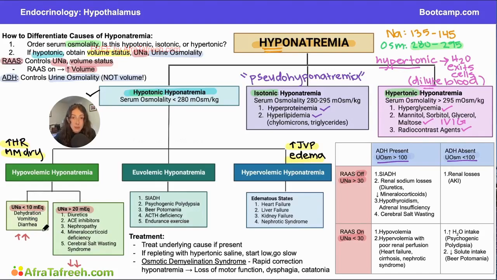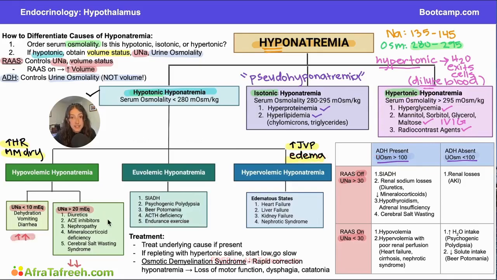So basically what's happening here is you're getting dehydrated because you are losing fluids, right? You're losing fluids and salt. And the natural response to that, the appropriate response to that, is for your body to turn on the RAS system and do everything it can to preserve your pressure by saving more volume intravascularly, as well as vasoconstriction and all the other things that RAS does. So RAS is going to be appropriately on in this set of diagnoses.